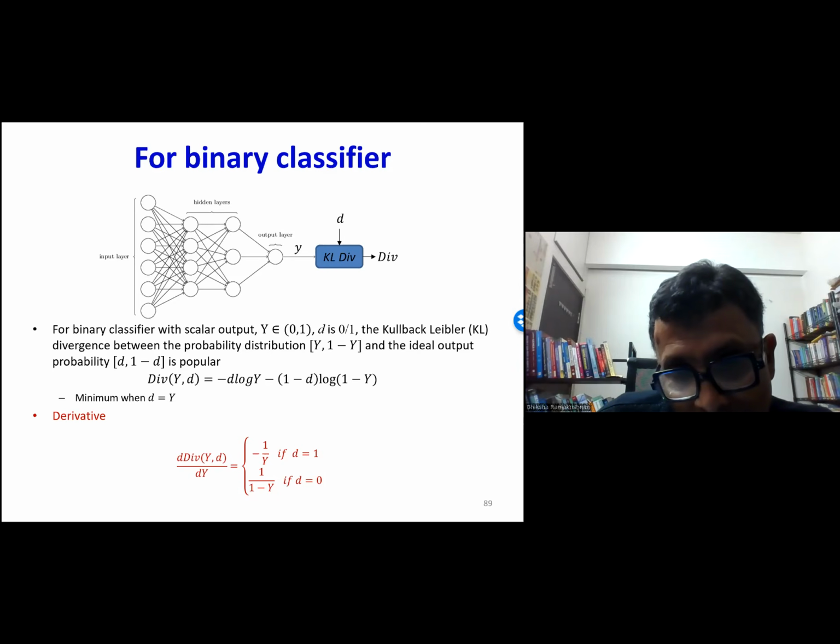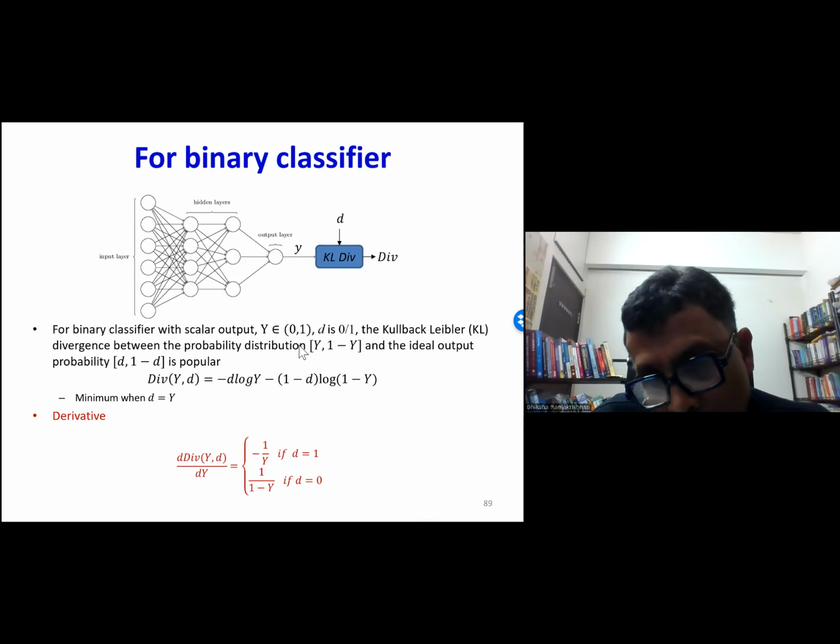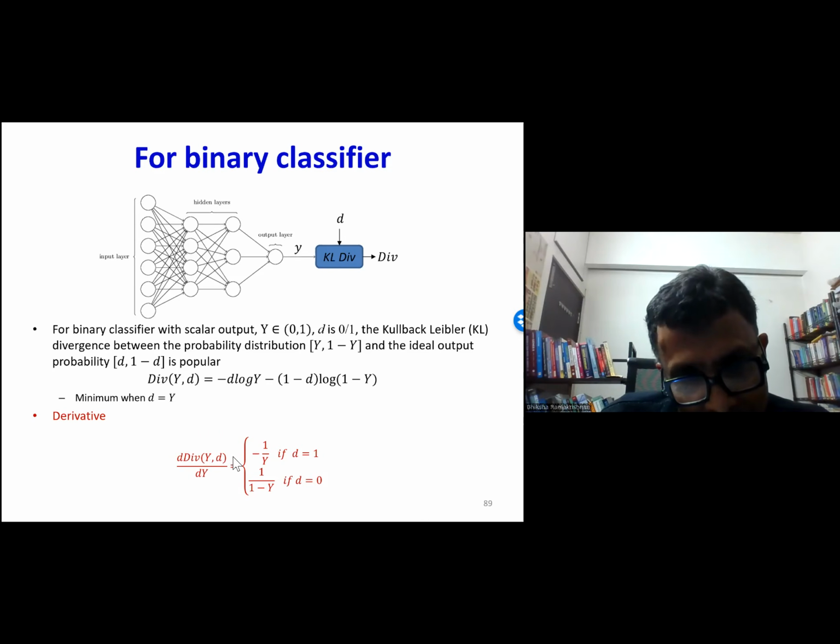I should be increasing y, correct? So if I'm increasing y, what is the slope of the derivative that wants you to increase y? Negative. And sure enough, we can see that the derivative of the divergence when d equals 1 is minus 1 over y.